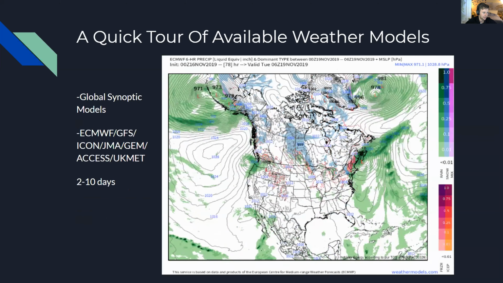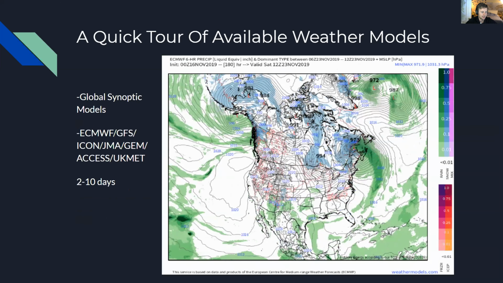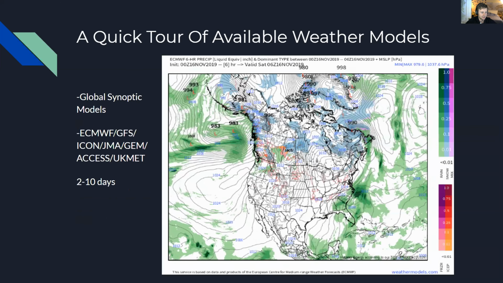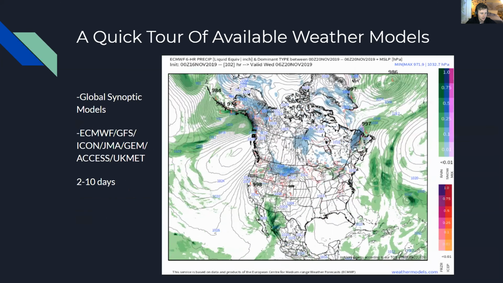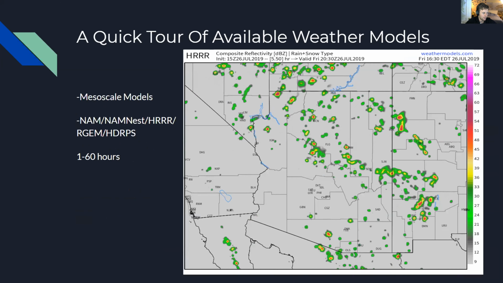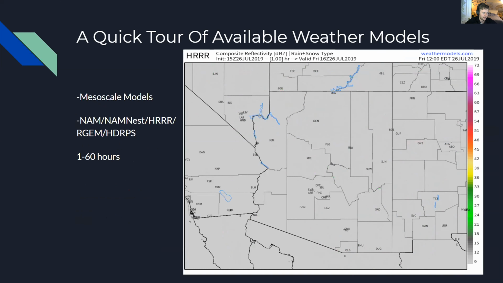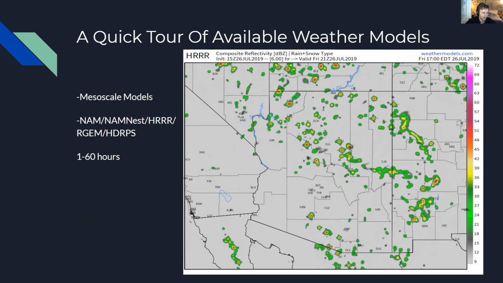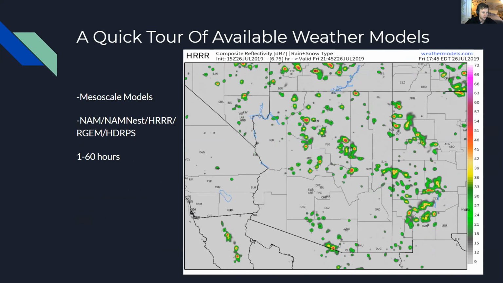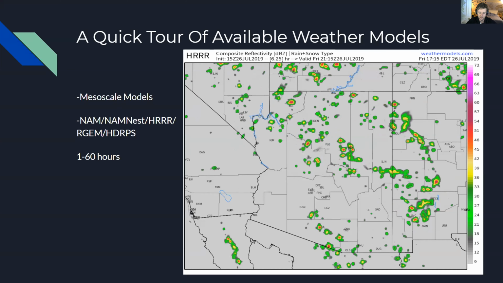They're really working in the 2 to 10 day time range, although by 10 days they get to be fairly unreliable. And then we move even farther down to these mesoscale models, which are attempting to figure out exactly where thunderstorms will pop up, exactly what time the rain is going to arrive, exactly how much is going to fall, and so on and so forth.